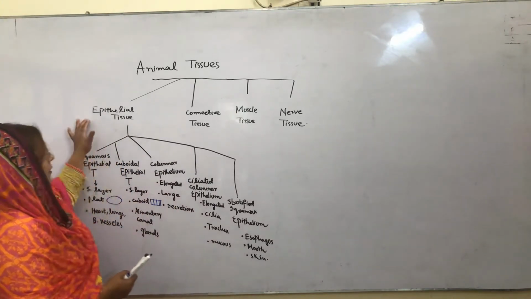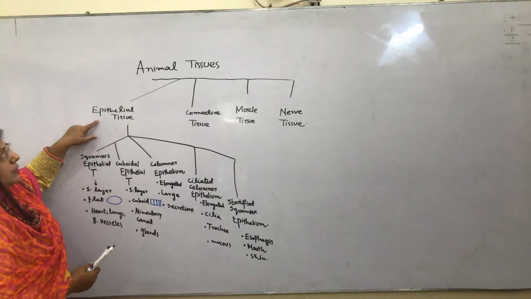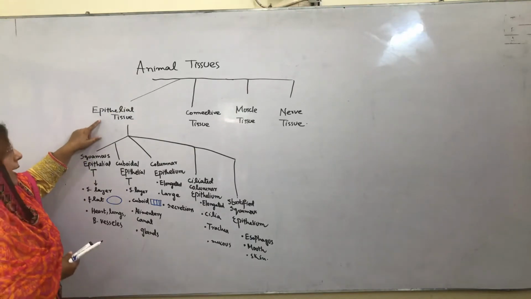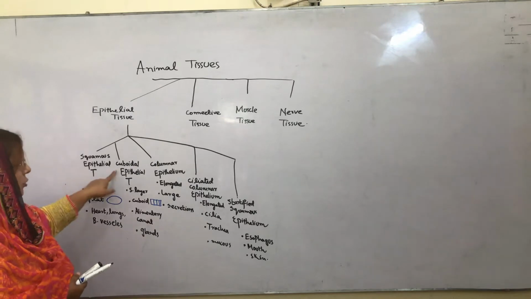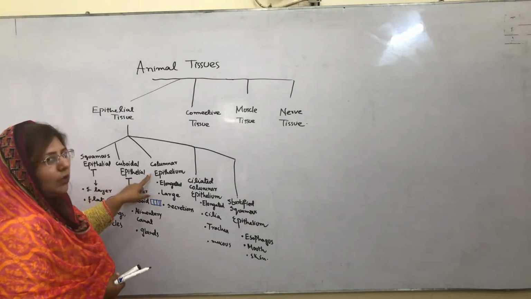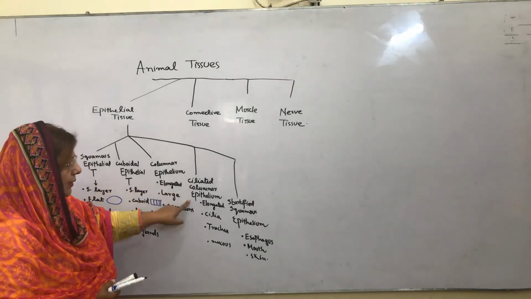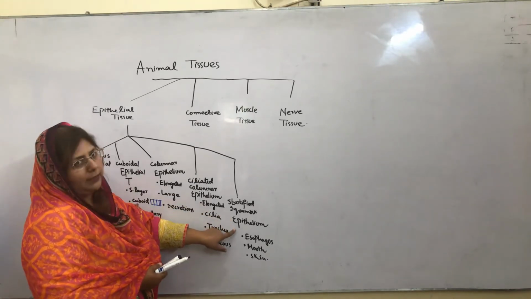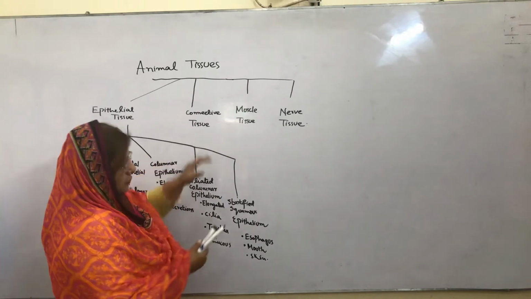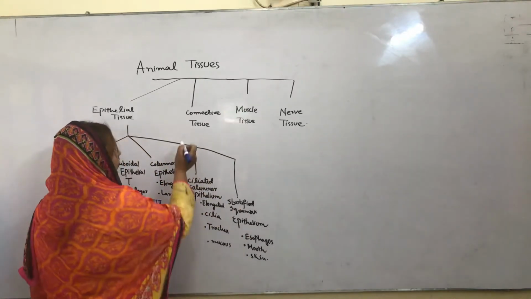So the first type of animal tissue is epithelial tissue, and it is further divided into 5 parts: squamous epithelial tissue, cuboidal epithelial tissue, columnar epithelial tissue, ciliated columnar epithelium and stratified squamous epithelium. Now connective tissues. Connective tissues are found in our bones.